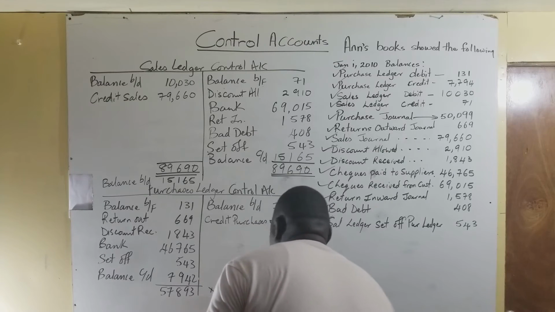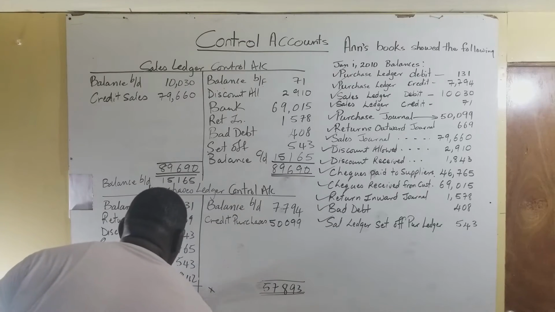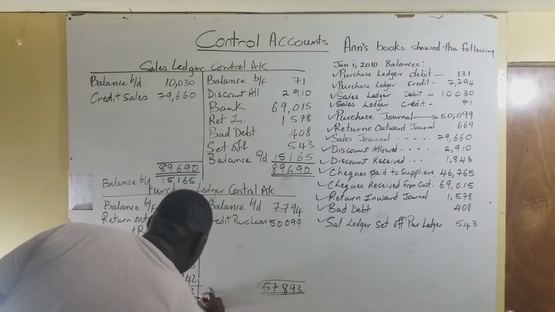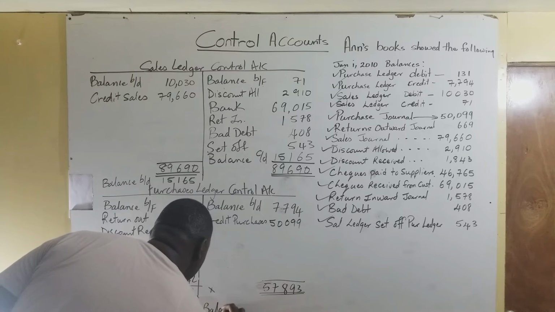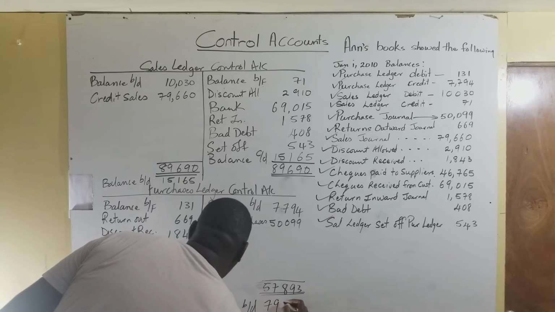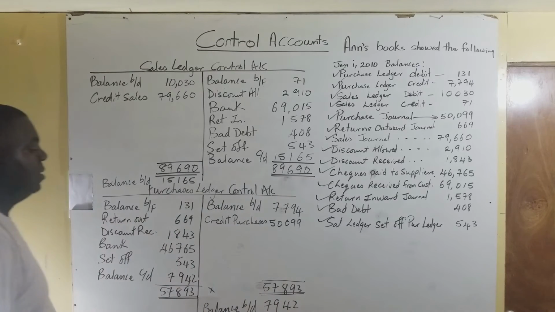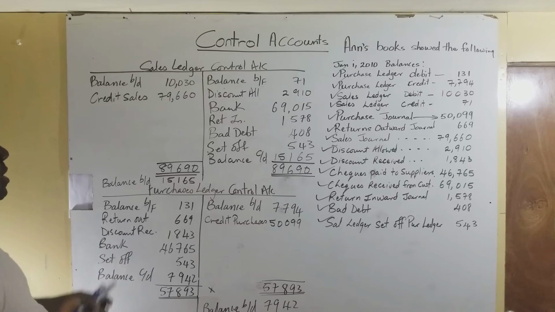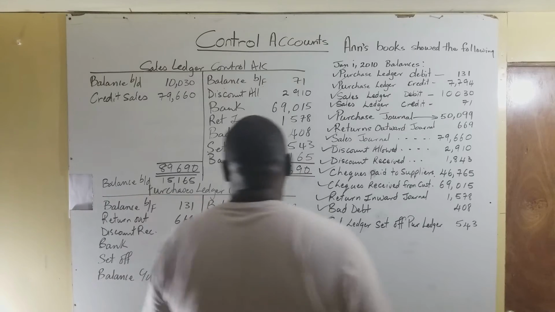We double line here and here, and our balance BD will come below, of 7,942. That would have ended the calculation of the control accounts.